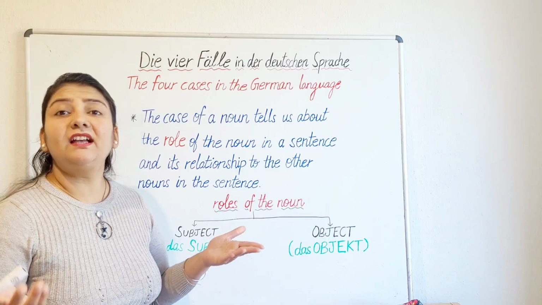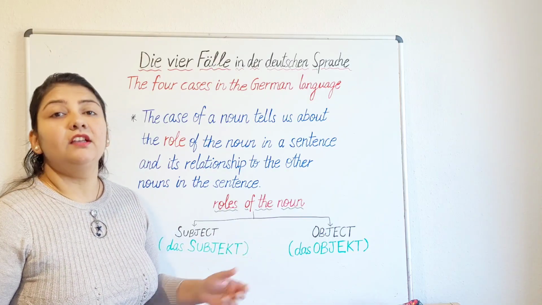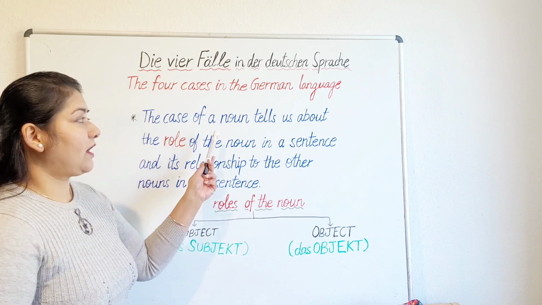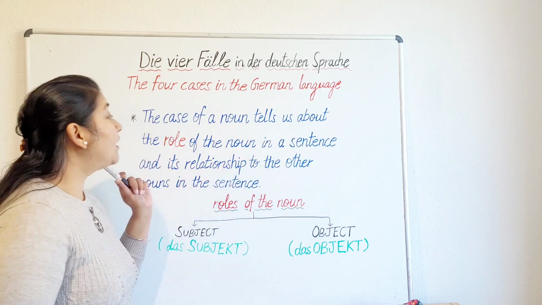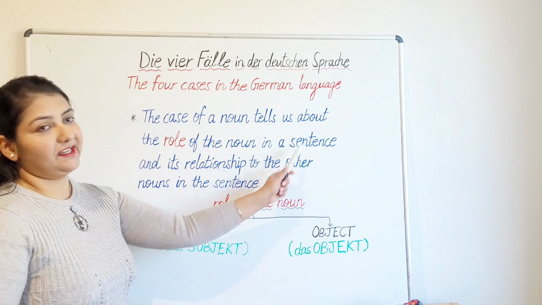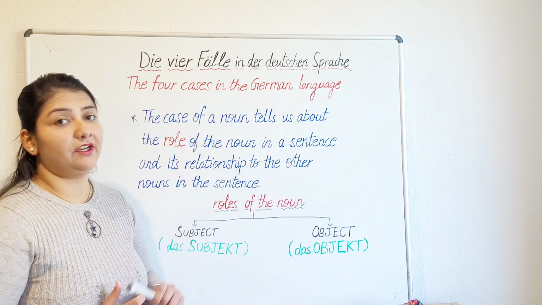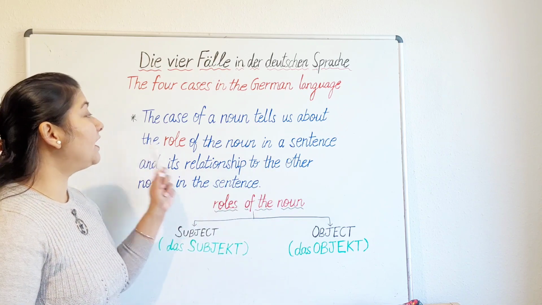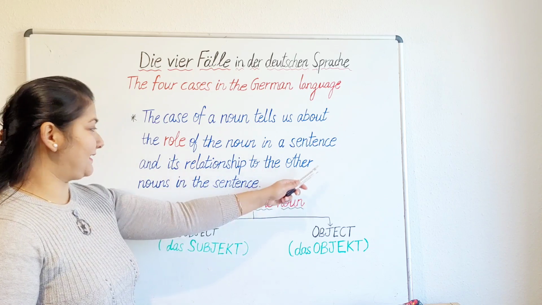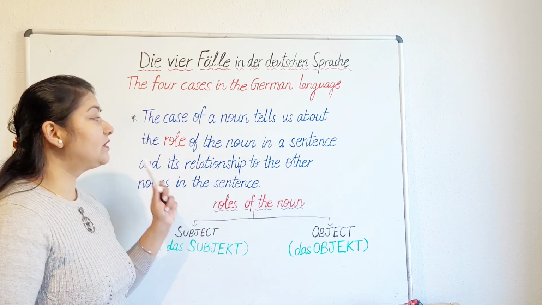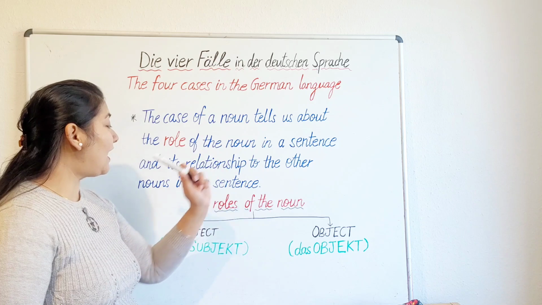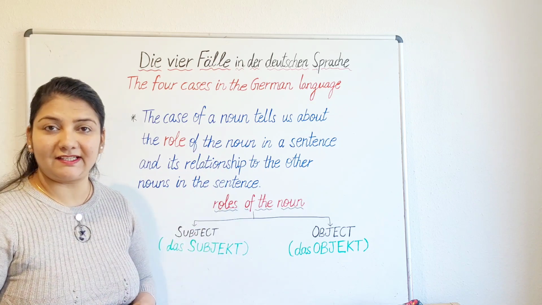But what does a case mean? The case of a noun tells us about the role of the noun in a sentence. Very, very important. It tells us about the role of the noun in a sentence and its relationship to the other nouns in the sentence.